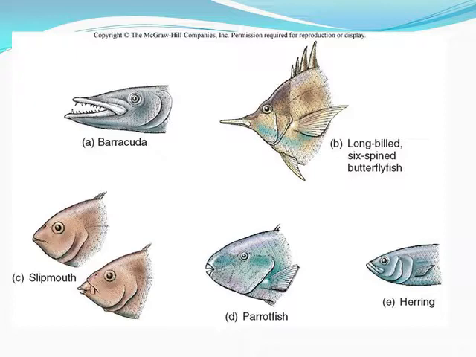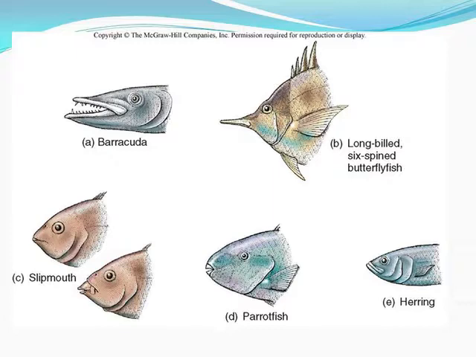If you look at b, the long-billed six-spine butterfly fish, that fish has a very long snout, and you don't see any teeth, and that's because this particular fish relies on its snout to get into hard-to-reach areas like small crevices to get small shrimp or algae or whatnot.